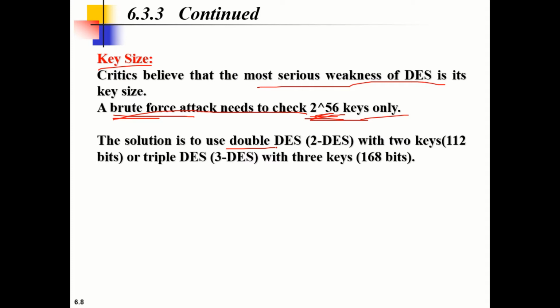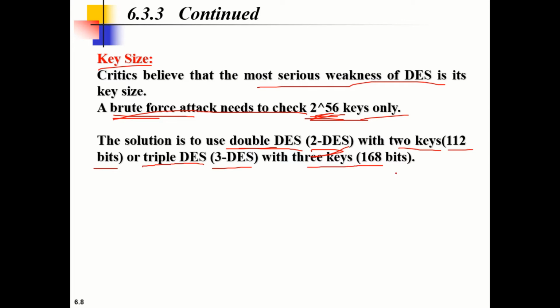For increasing the size of the key while using the same process or the same structure, we can go for double DES, which is represented as 2DES, which has two keys of 56 plus 56, which makes 112 bits. Or we can also use triple DES, which we represent as 3DES, which uses three keys.